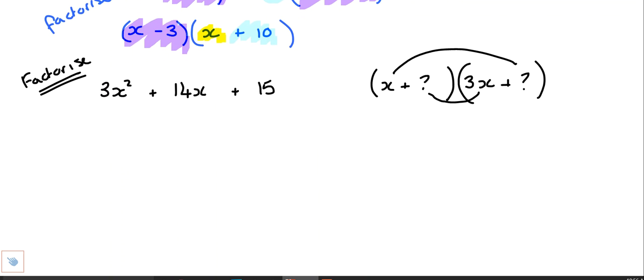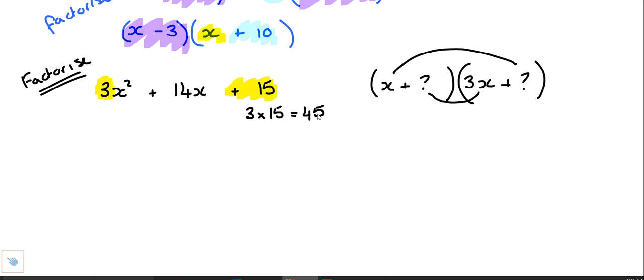So what I'm going to do is this method. You might need to follow this through very carefully. The method is, we start by taking the coefficient of a and you multiply it by the coefficient of c. So I actually do 3 times 15 equals what? 45. Okay.